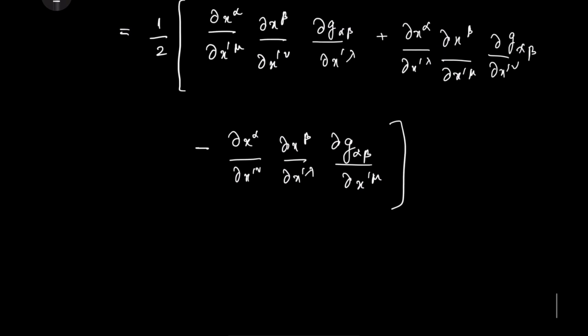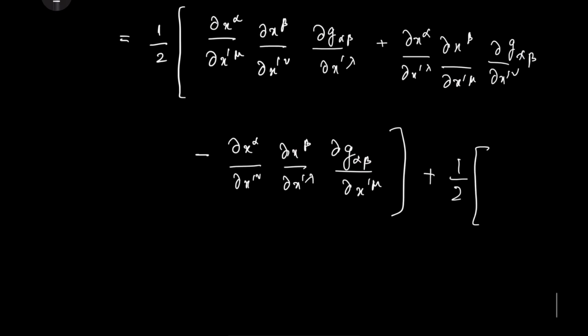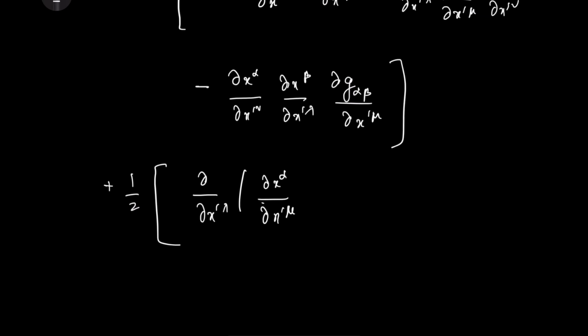Then again I have to take plus half. This half will repeat. Now I'll keep g alpha beta as it is, and I'll take the partial derivative of the other quantities. I'll write in the next line: plus half, partial derivative with respect to x prime lambda of this quantity.